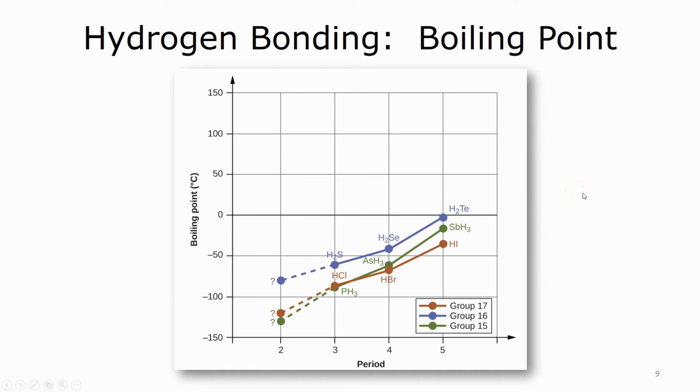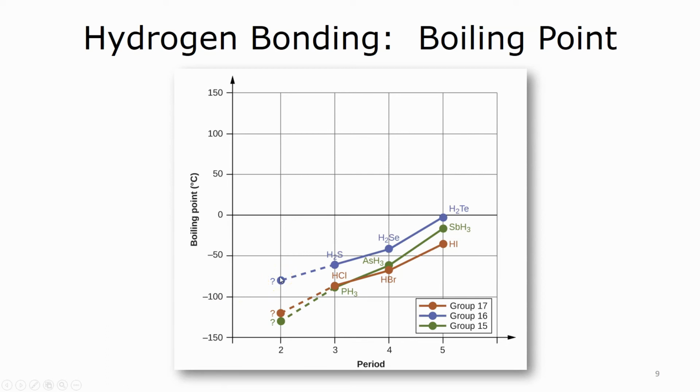We notice that as we go down the periodic table and we increase the molecular weight, our boiling point goes up. Now, what's at the top of this group? Well, we have oxygen. This would be water right here. This is the approximate expected boiling point of water, somewhere between -150 and -100, about -80 degrees.